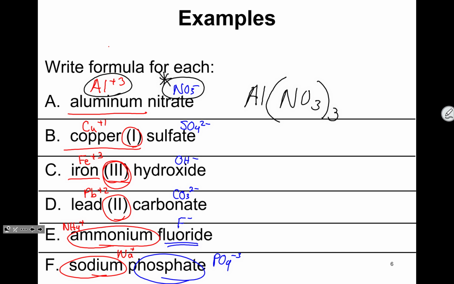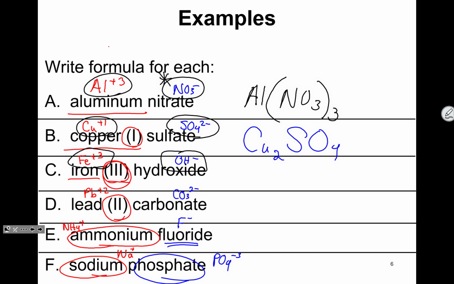Copper 1 sulfate. Balance the charge here. Sulfate is a -2, and the copper is a +1. So I'm going to need 2 of those coppers to balance the charge. So the formula here is going to be Cu2SO4. On iron 3 hydroxide, we have a +3 here.